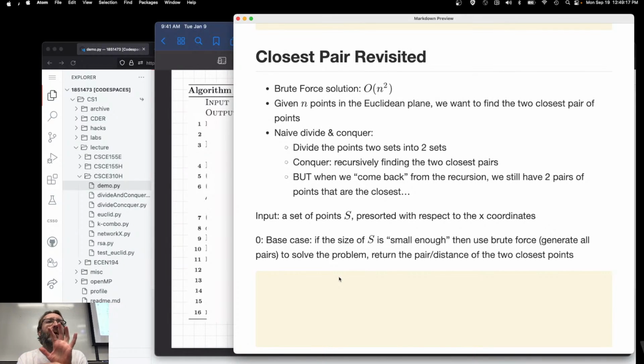Except that, what if I started out with a set of size 5? I'm going to break it into a set of size 3 and a set of size 2. That set of size 3, I'm going to break into a set of size 2 and a set of size 1. Is that well defined? Nope. So I don't want to have to worry about those details.